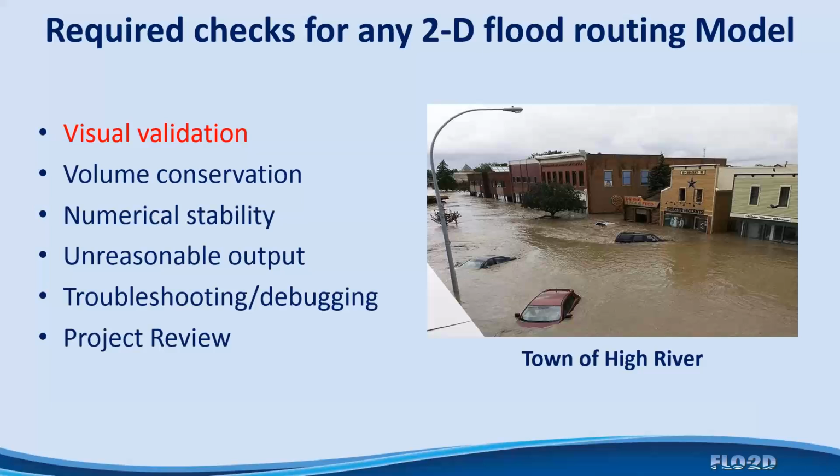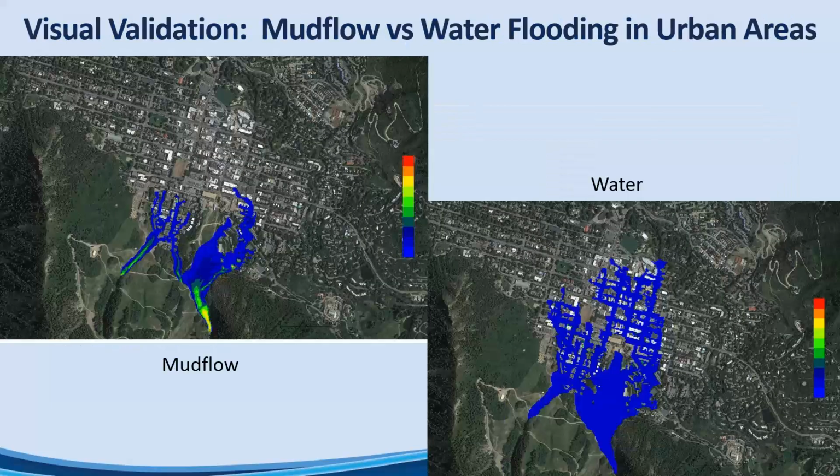And at this point, I think we have a pretty good handle on all of these issues, and each one of them deserves a webinar, and we have had webinars on numerical stability and project review and troubleshooting, and we'll do it again.